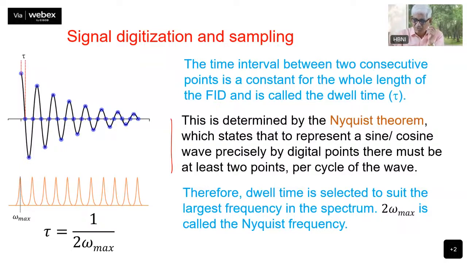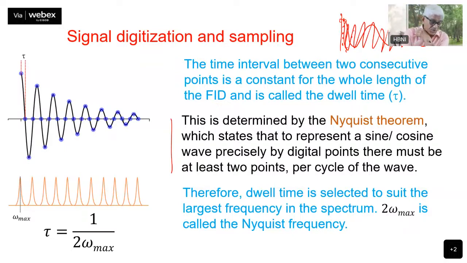If I have one large frequency and a small frequency, corresponding to the large frequency I have at least 2 data points, and automatically, since the FID is the summation of all the frequencies at the same time, for the smaller frequency there will obviously be more points per cycle. Therefore, the condition is automatically satisfied. That is why you choose the largest frequency for determining the sampling rate.